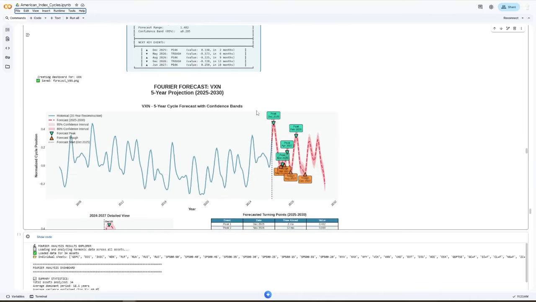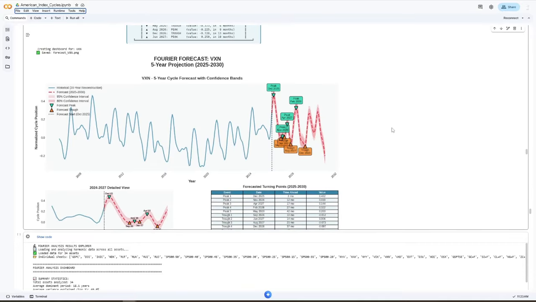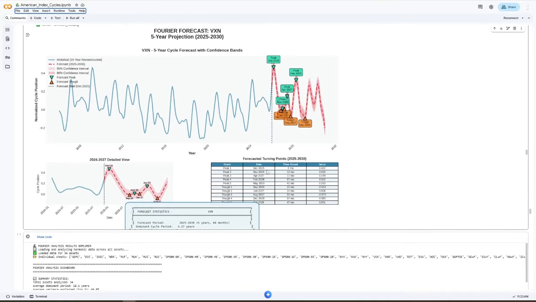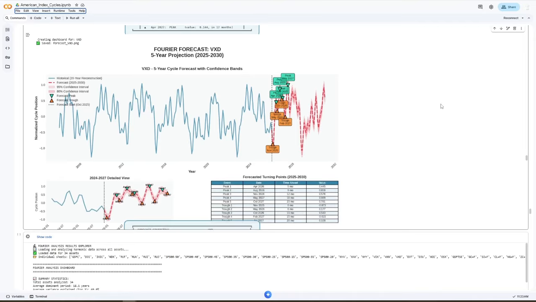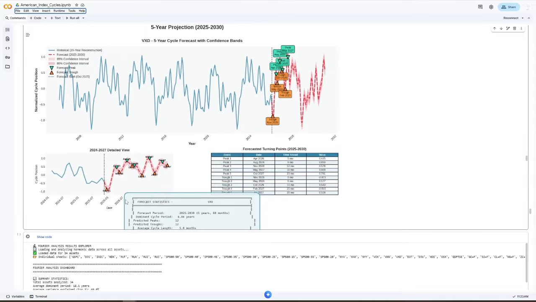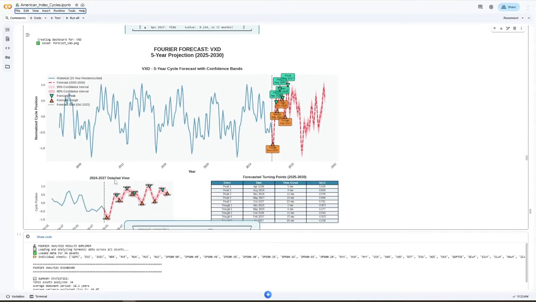That's the same for the VXN, which is another measure of VIX. It works exactly the same way. We have a peak in December that will last down to September, an even longer time horizon for this volatility benchmark. Here we have a trough in November, and a peak in April.